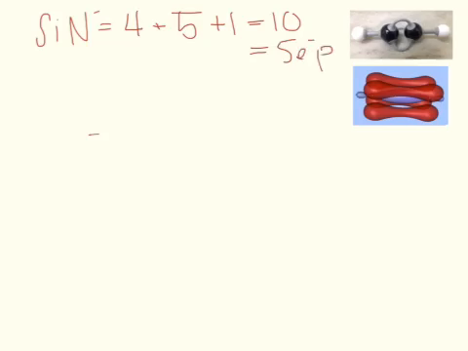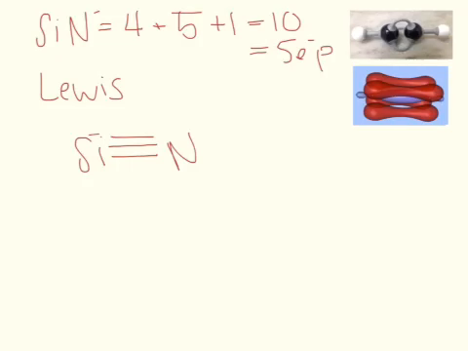Then I'm going to draw the Lewis structure. We put in our elements, silicon and nitrogen, and I'm going to do a triple bond, 1, 2, 3. That takes up 3 of the 5 electron pairs that we calculated.